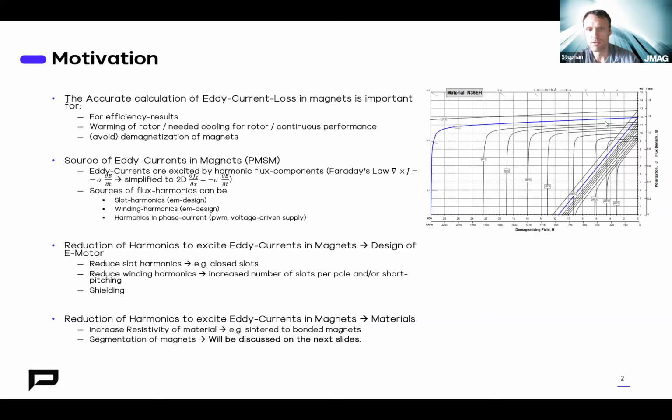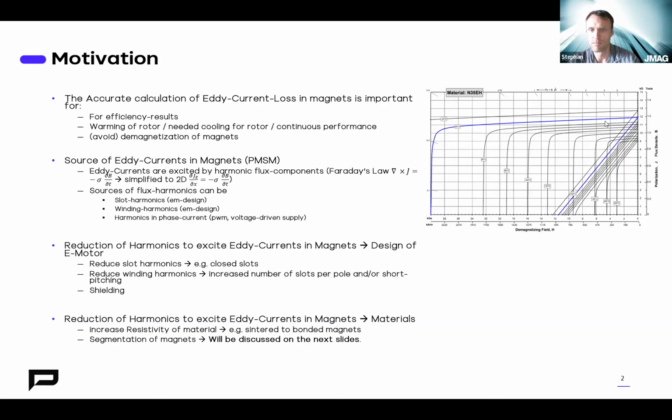Now, what could be the sources of eddy currents in magnets? If you think about the fundamental LD-LQ model of the PMSM, there's only a constant flux component on the rotor side. But in a real e-motor, we have to deal with several harmonic flux components.